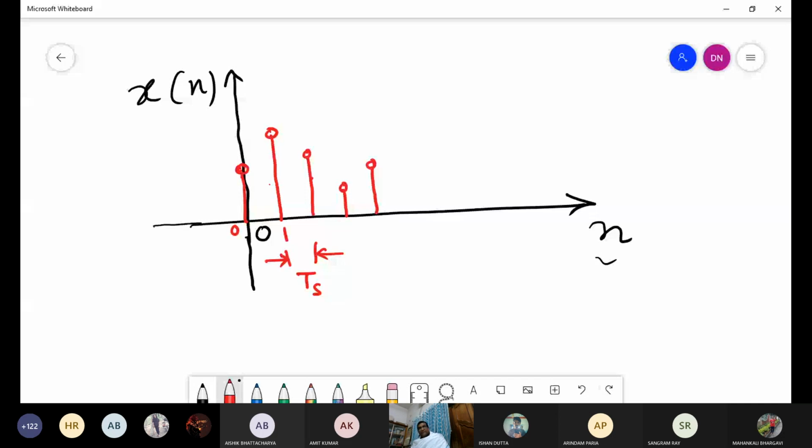This is called the sampling time period. Here also, the distance between these two samples is Ts, and again the distance between these two samples is also Ts. That means wherever you take two successive samples in the defined time range, the distance will always be Ts, and this Ts is called the sampling period.